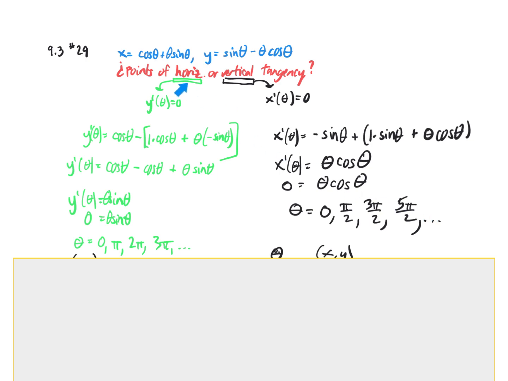Alright, so a big point here. Horizontal and vertical points of tangency, we cannot have both derivatives equal to 0 at the same time. Only one can be 0 and the other one cannot be 0.